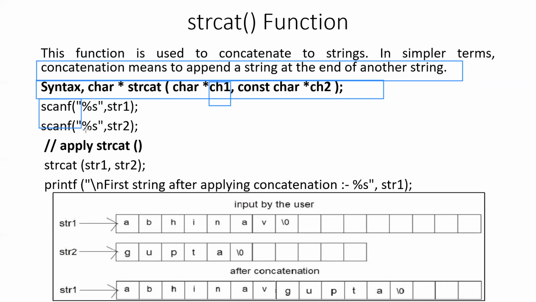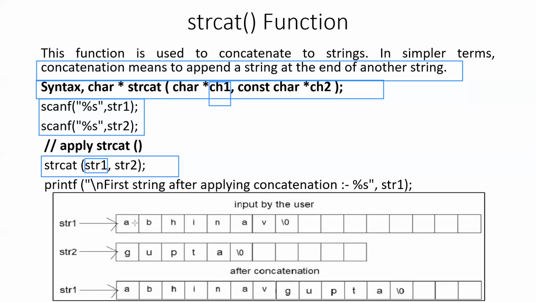The scanf function is used to accept the input for both the strings str1 and str2. Then the string concatenation function is called. The concatenation of both the strings will be saved in the string mentioned in the first parameter. There you can see the output.